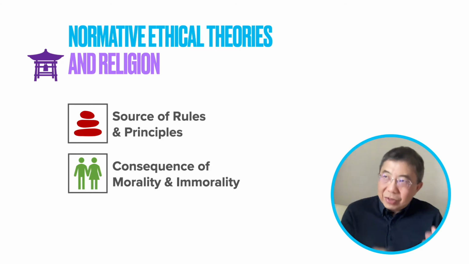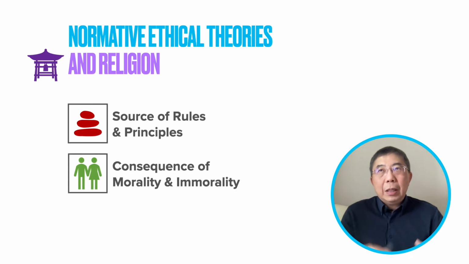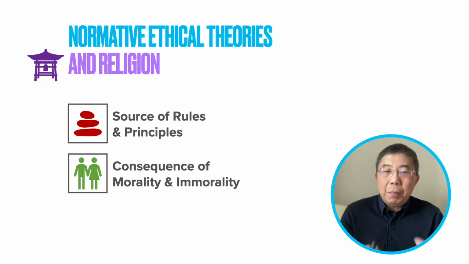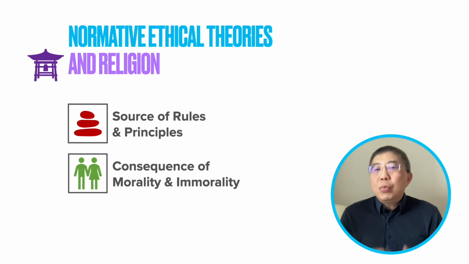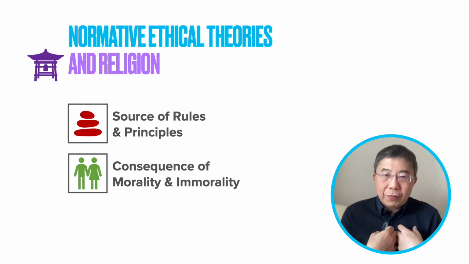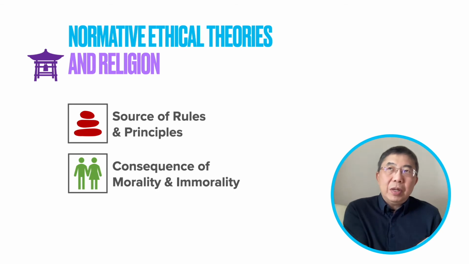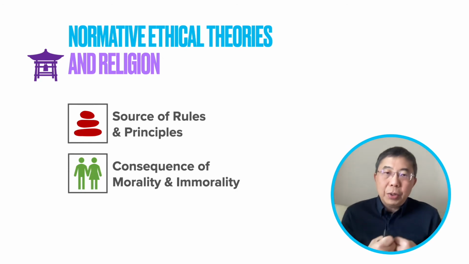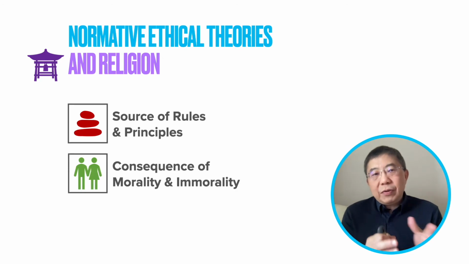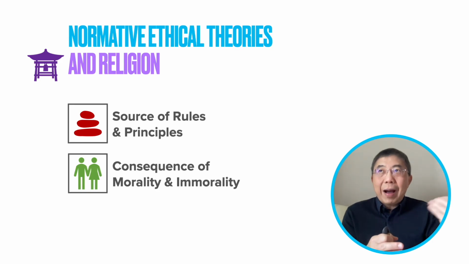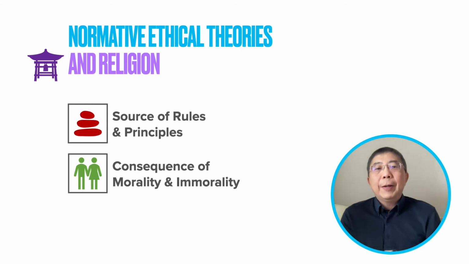For religion, yes, it also takes into account the impact of your behavior on others, but religion also focuses on the self. That if you believe in a certain religion, then you are saved. Your salvation is assured. All right. So the two differences are the source of how we derive these rules and principles, and the impact of these rules and principles.